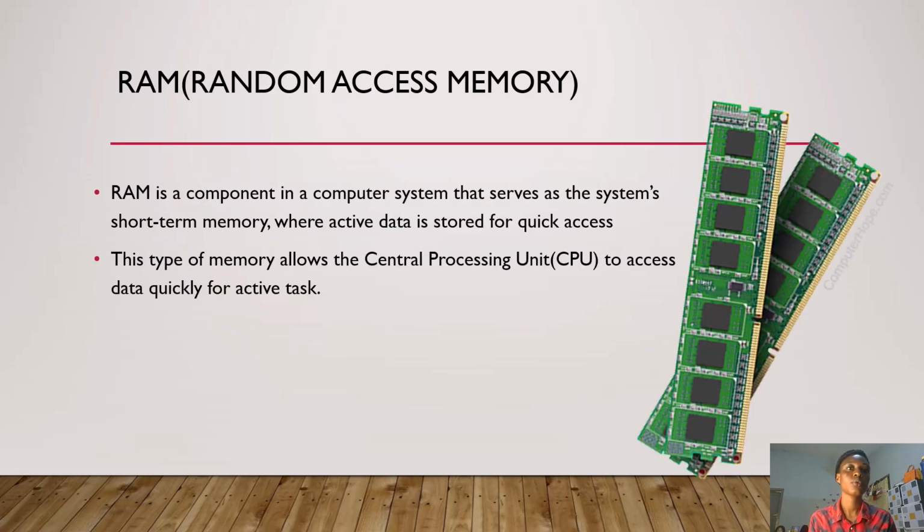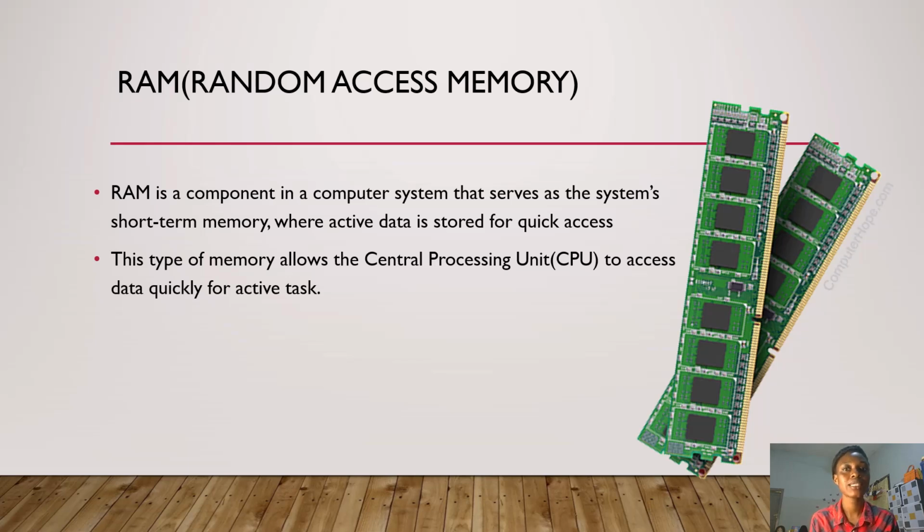So let's take the RAM. The RAM is a component in a computer system that serves as the system's short-term memory. So when we talk about temporary, that is the short-term memory, where active data is stored for quick access, very quick access.